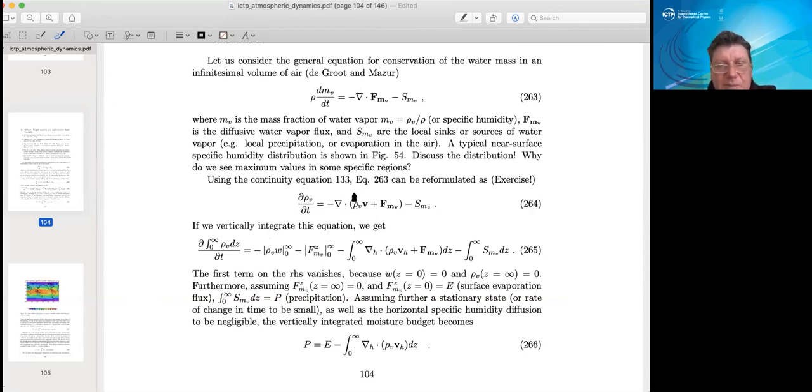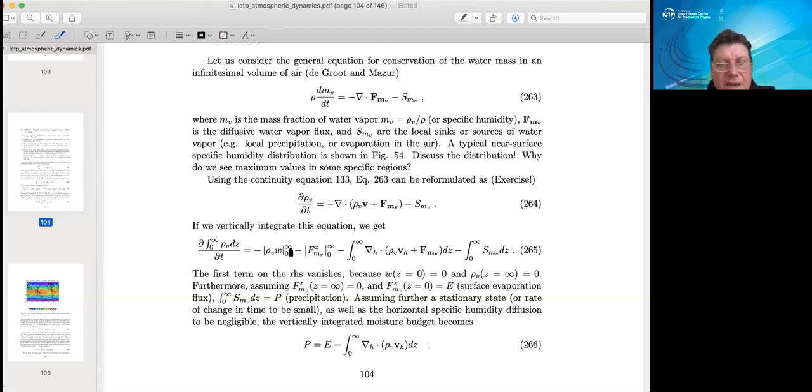Now, that splitting for this divergence, this is a 3-dimensional divergence. The vertical part can be directly integrated, and that gives us rho times vertical velocity at infinity minus at the surface. Now, if we have a flat surface, then the vertical velocity there has to be 0 because we cannot intersect the surface.